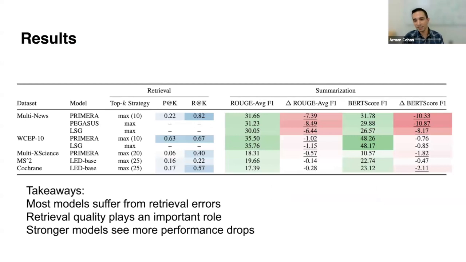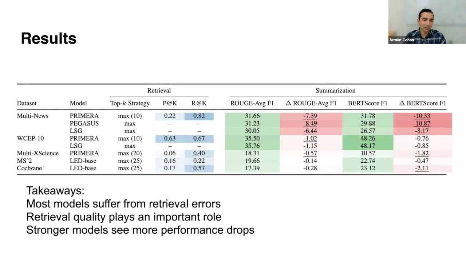And then we see that in this type of real-world retrieval setting, there is a significant drop in performance on some of these datasets. The interesting thing is that most of the drop in performance comes from datasets like Multi-News and WCEP. And we see less performance drop in some of the tasks like Multi-XScience or MS^2.